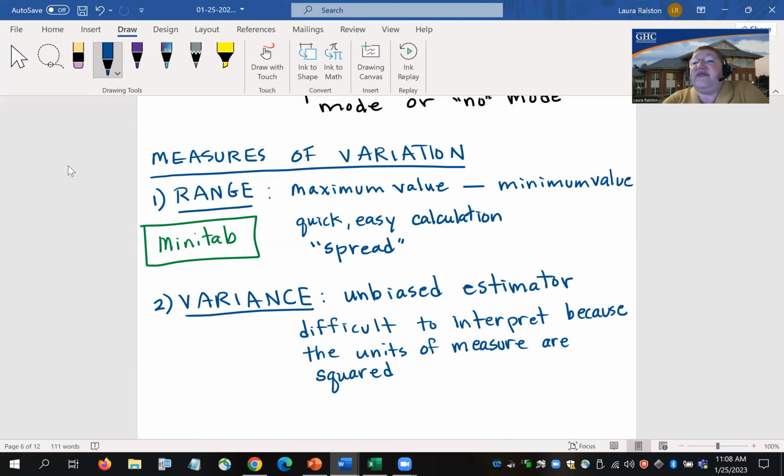So if we're thinking about the ages, we would have to think about ages or years squared. If we were talking about money, we would have to talk about dollars squared, which is a very unusual idea in our mind because we don't normally think about those things being squared.